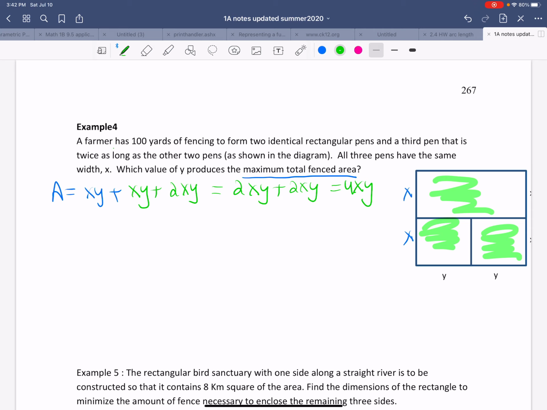Now we are told that he has 100 yards of fencing. So that means my perimeter is 100. This is all the fence I have.